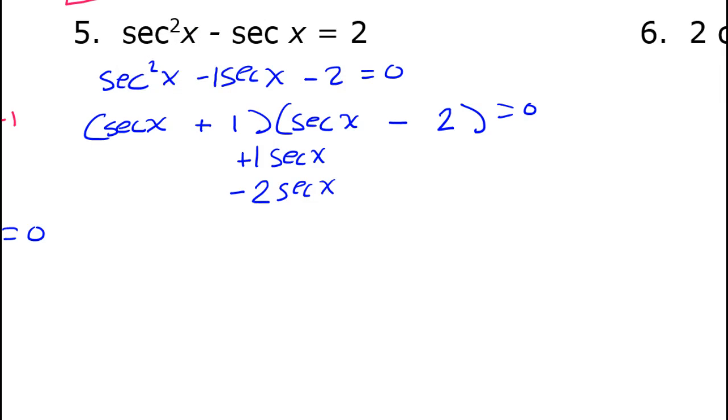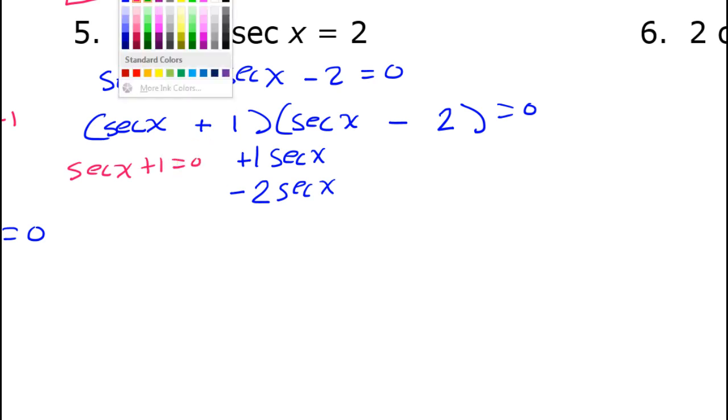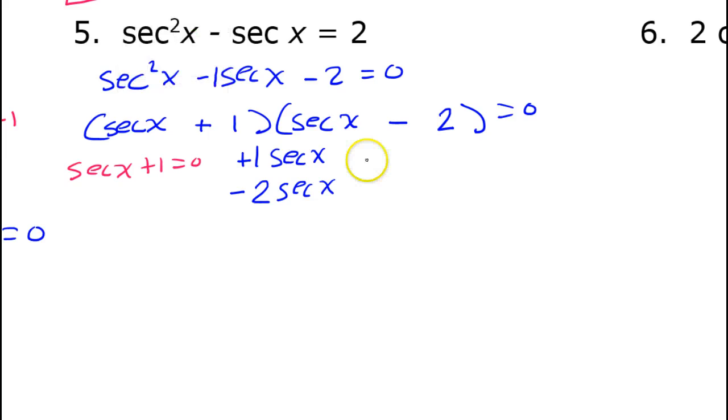So now I will set the factors equal to 0. So I will set secant x plus 1 equal to 0. And I will set secant x minus 2 equal to 0.